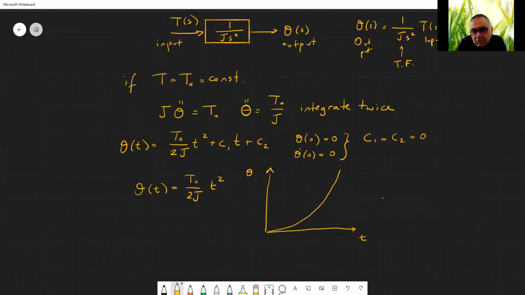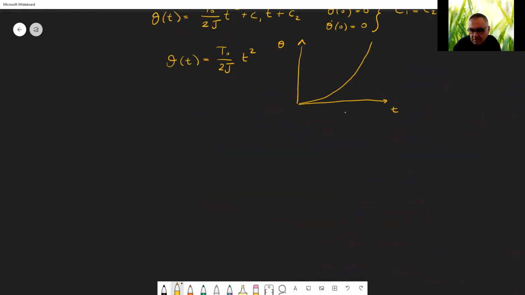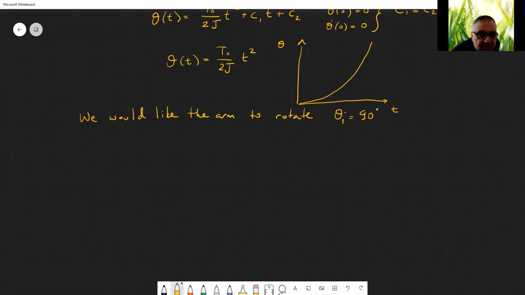What you want to do is rotate some degrees, let's say theta 1 equals 90 degrees, and stop.